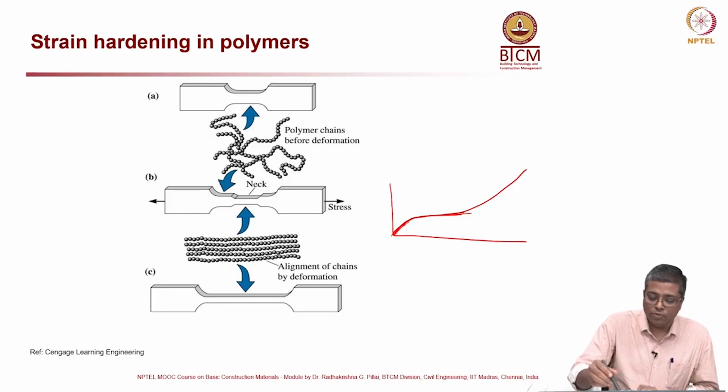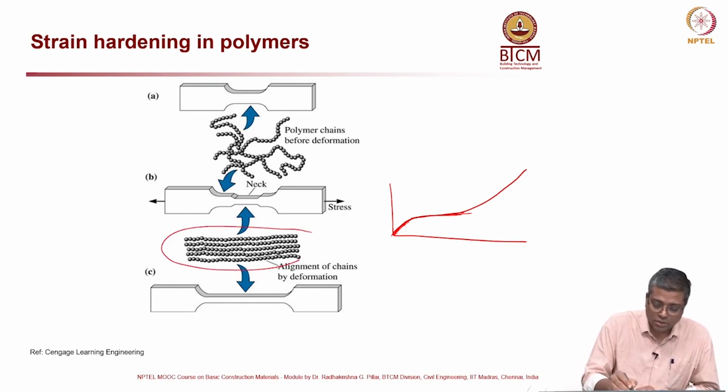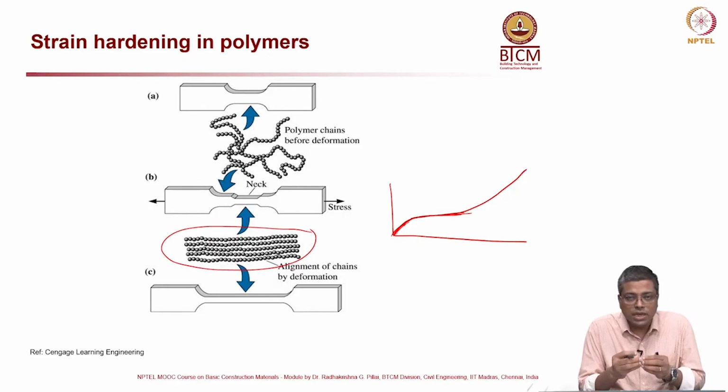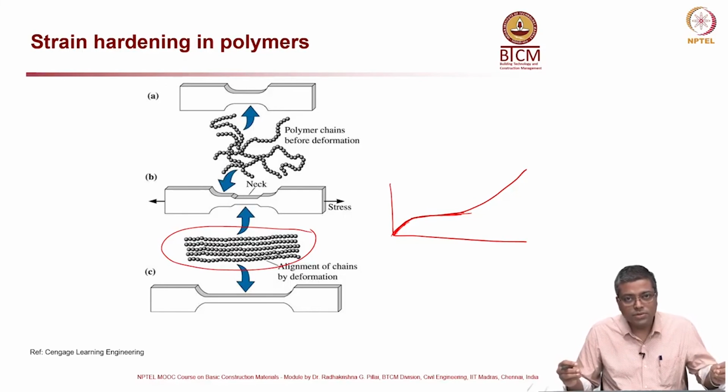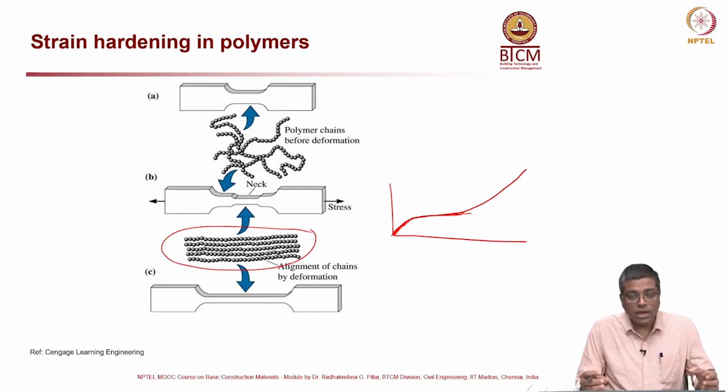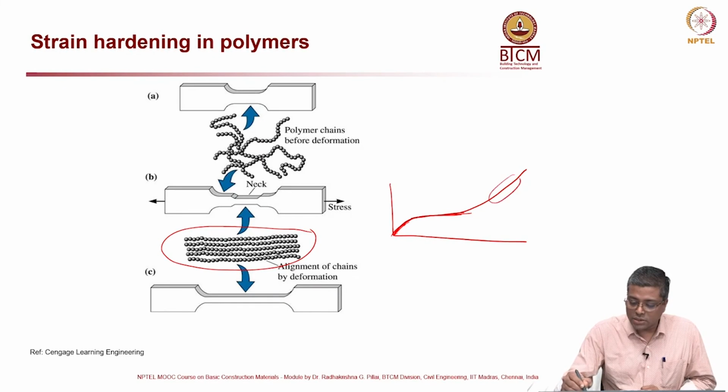That is the time when the polymer chains try to get straightened. First all the chains will try to get straightened, and once they are straight, then only they will try to take the load. So, that is this portion where they start taking the load.